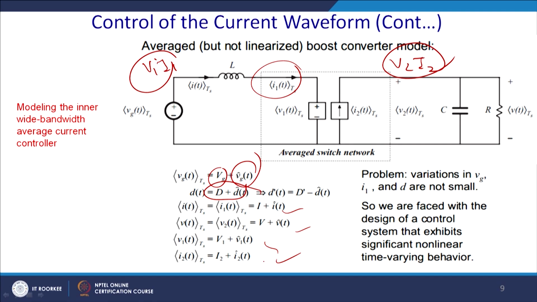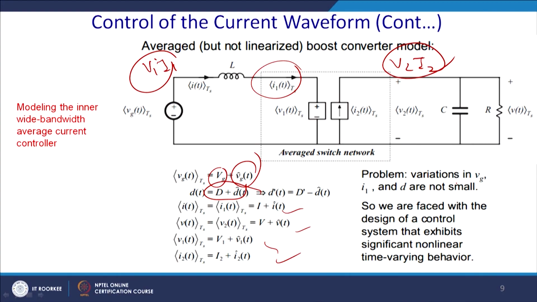Now, the problem here is the variation of Vg, because input voltage can vary because of sag and swell. With variation in Vg, I1 and D are not small. So, you can have a huge variation of this. So, we are faced with designing a control system that exhibits significant nonlinear time varying behavior.